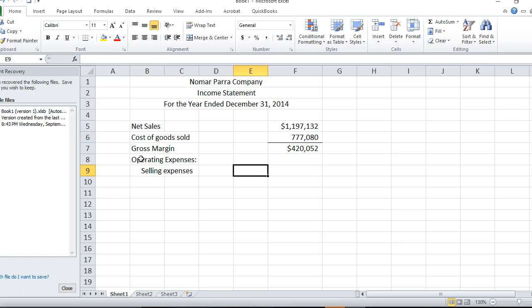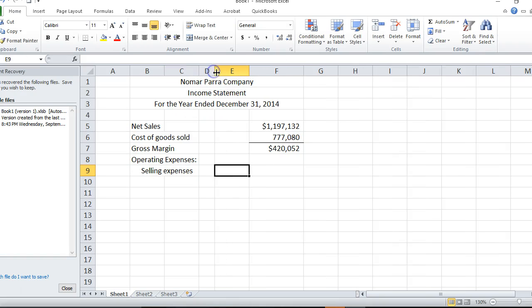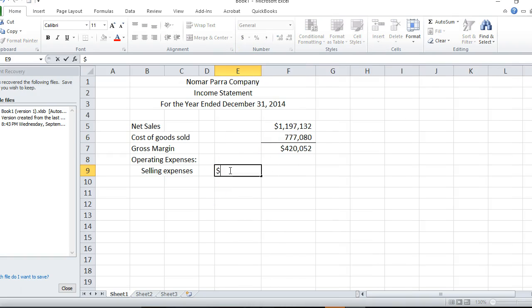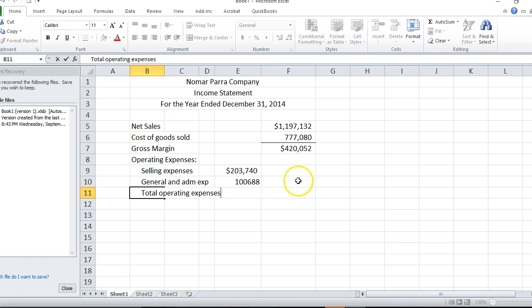And what are those? $203,740, and then we've got general and admin expenses, and that is $100,688, and then we've got total operating expenses that we'll put over here of a combination of these two figures.